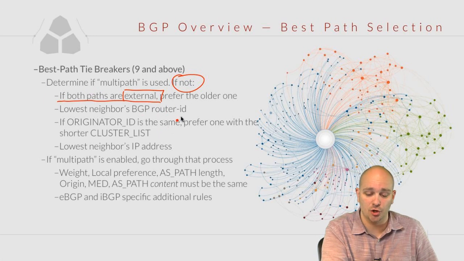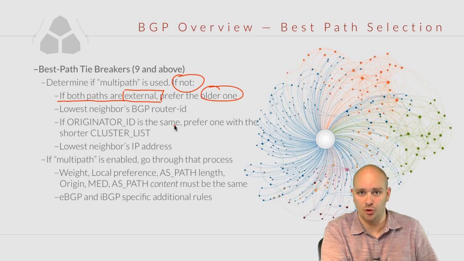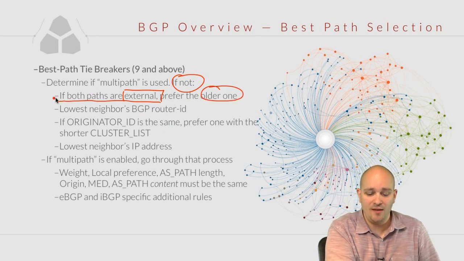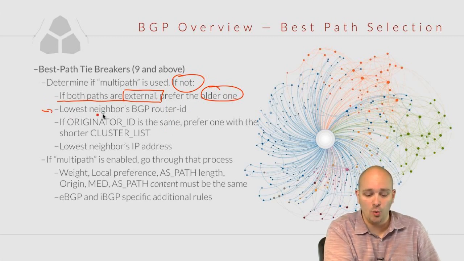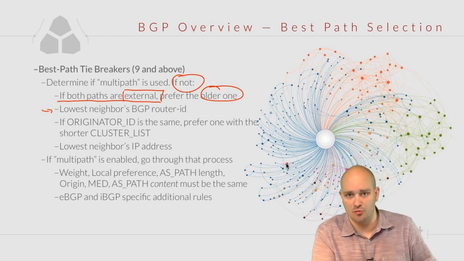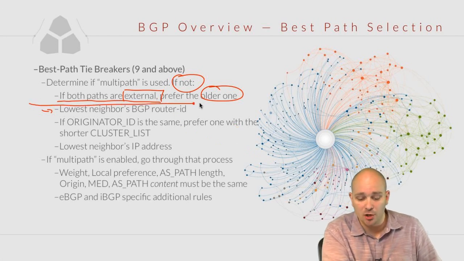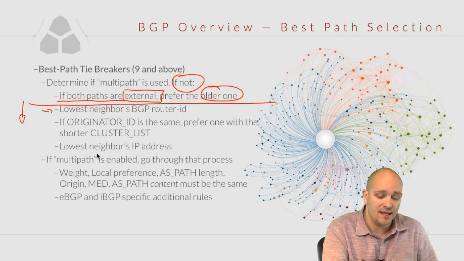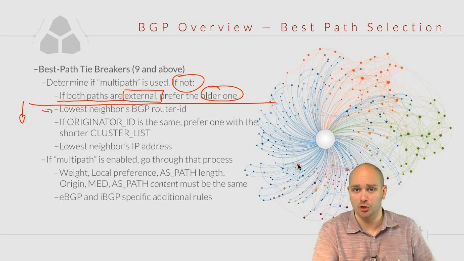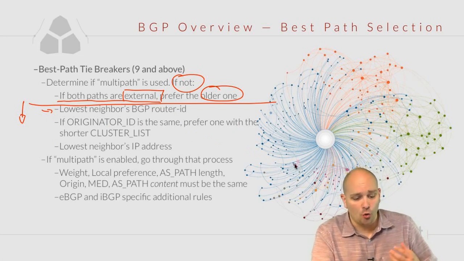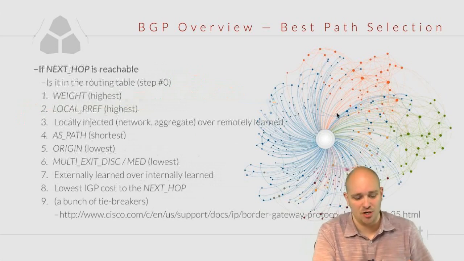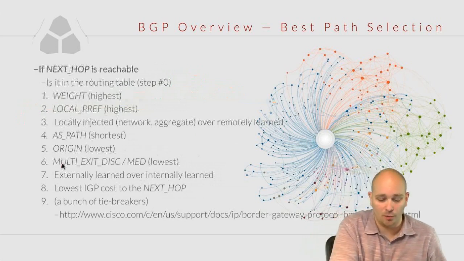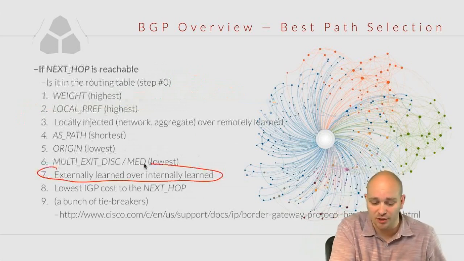If they are external, the older route is going to be considered. Now, if they are internal, then it will be the lowest neighbor's BGP router ID. So this part here below happens only if we have two internal routes being compared, or internal and external. But we are not going to actually hit that situation with internal or external, because that is being considered here.